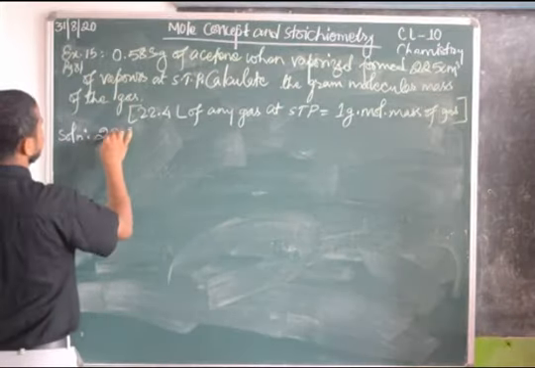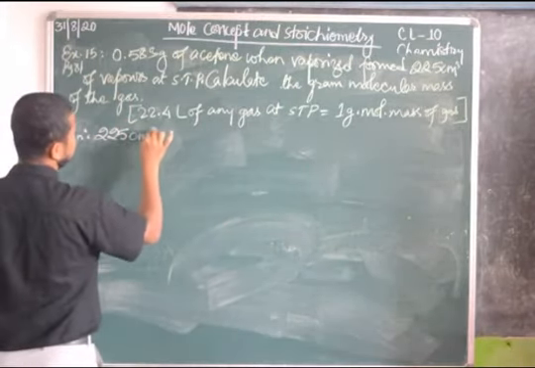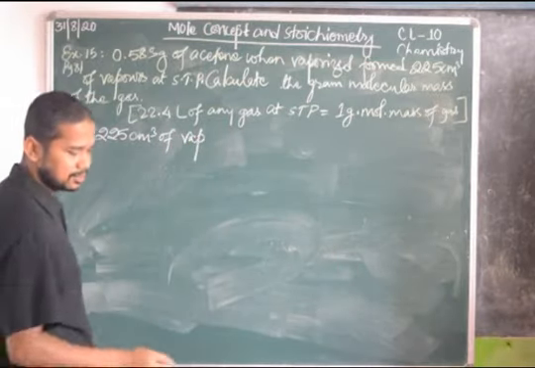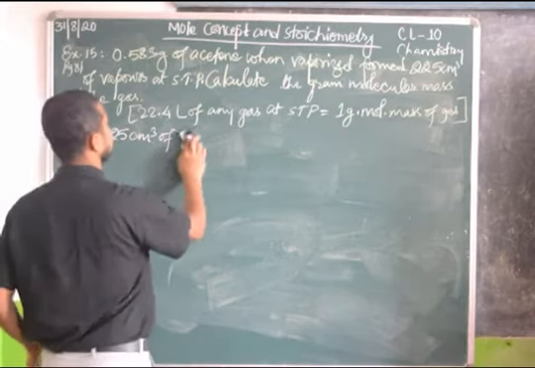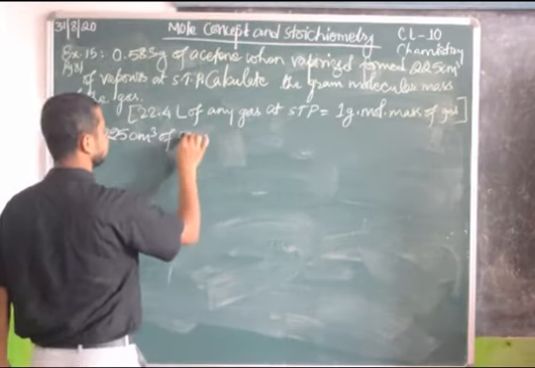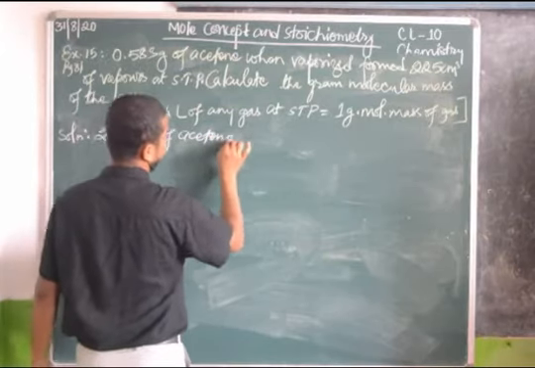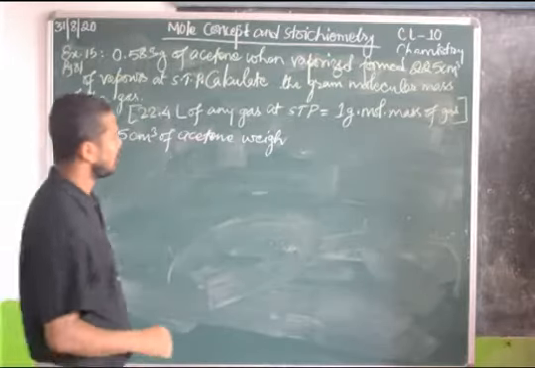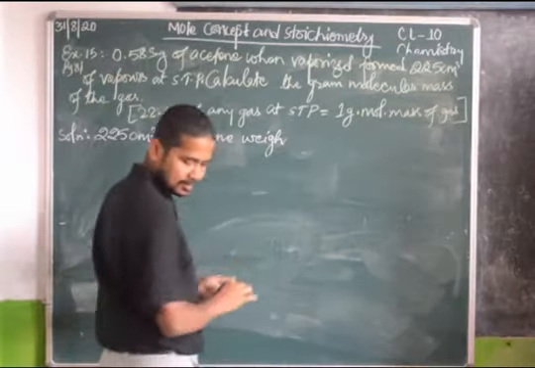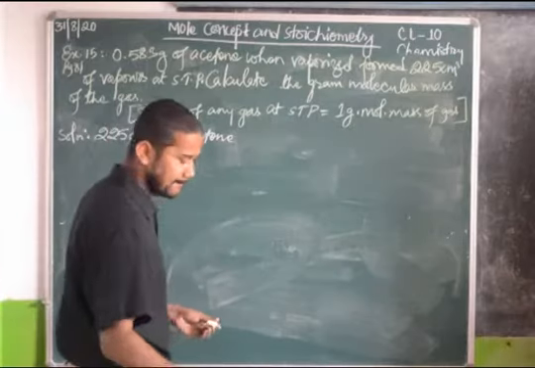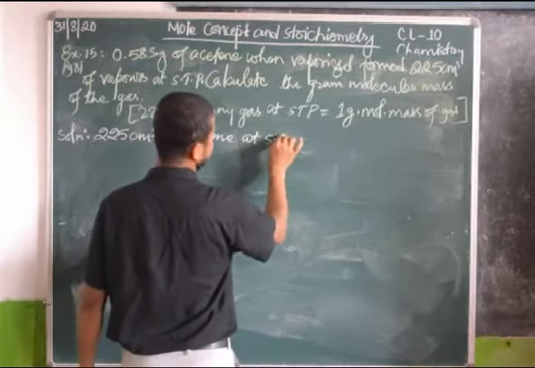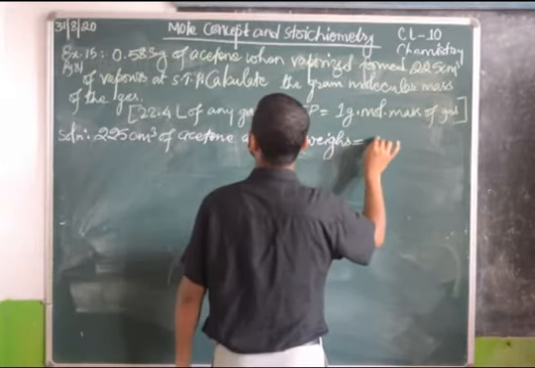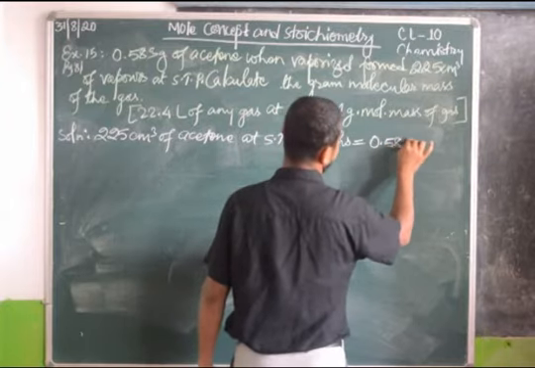So 225 centimeter cube of vaporized acetone at STP with how much? 0.583 gram.